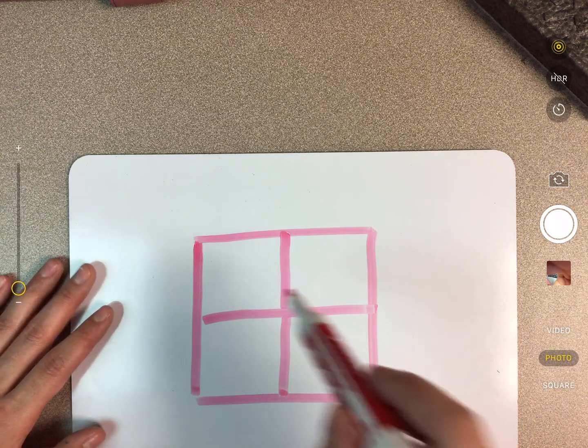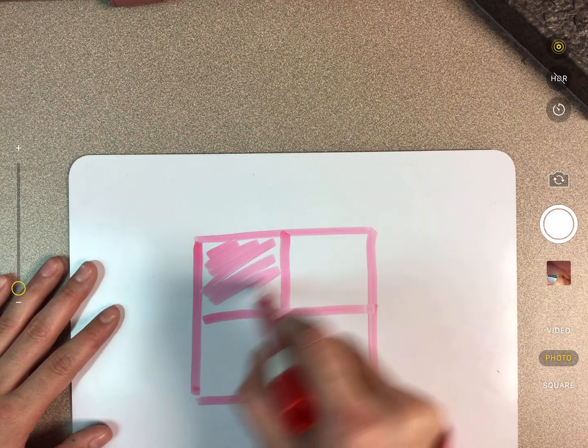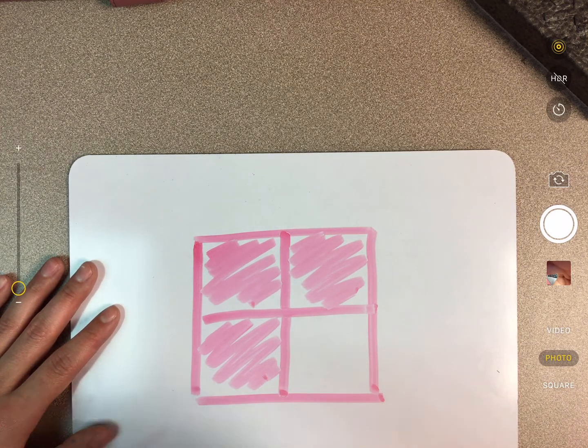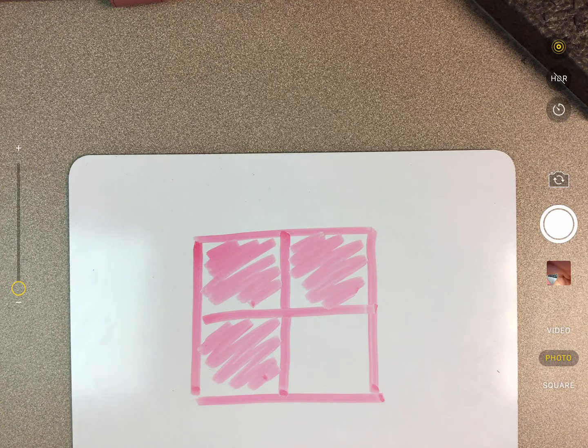Now I'm going to shade 3 of the boxes. Now, I want you to tell me what fraction of this square is shaded.